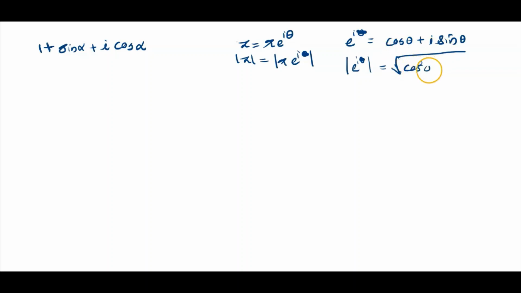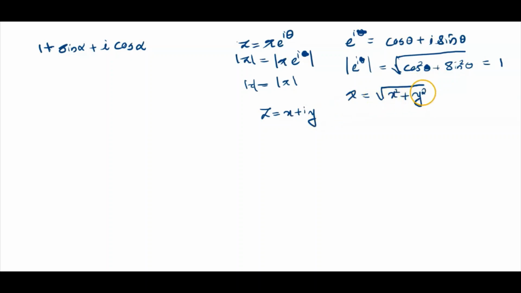That means cos square theta plus sin square theta, which is 1, and square root 1 is 1. So mod z is equal to modulus of r itself. If z is equal to x plus iy, r is modulus of z, that means square root of x square plus y square.